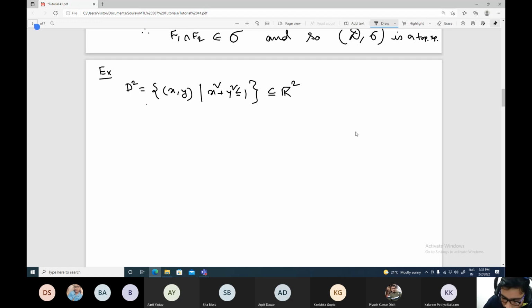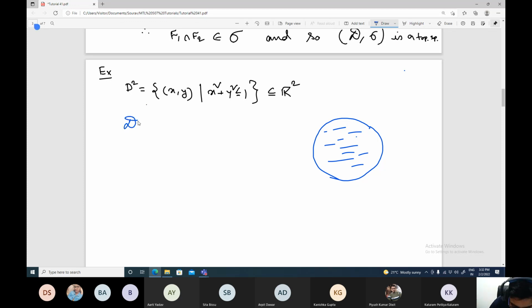So this is the closed disk: the interior is always there with the boundary. Now let us define a collection.